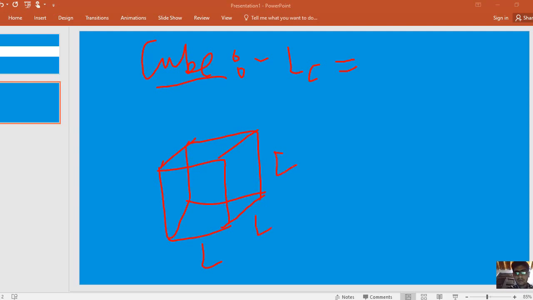So the volume of the cube is L cubed divided by the area, which is length multiplied by length, so L squared. So the characteristic length for the cube is equal to L.